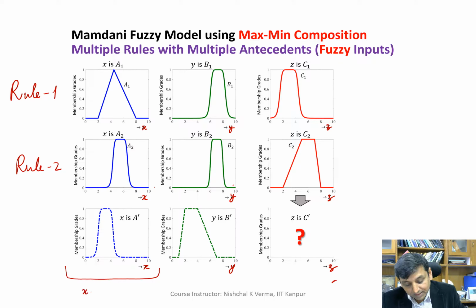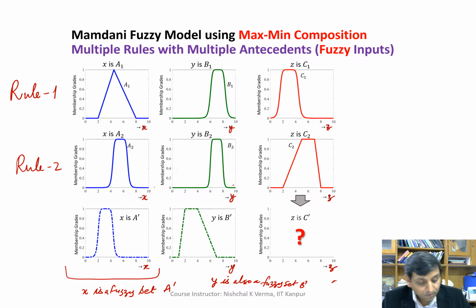Here x is the fuzzy input, and this fuzzy set is A dash. Here y is also a fuzzy set, which is B dash. This is y.